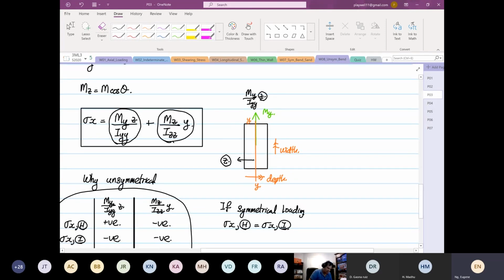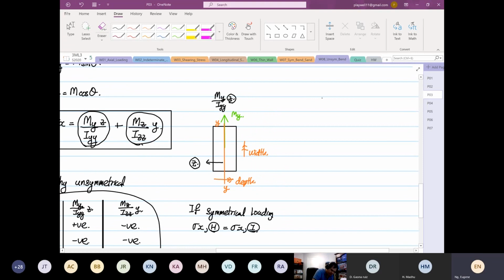Then I'm fine. And then if we look at Mz over Izz multiplied by y, again you have to be really careful with this. Now we are looking at Mz, and the axis of interest is going to be your ZZ axis.